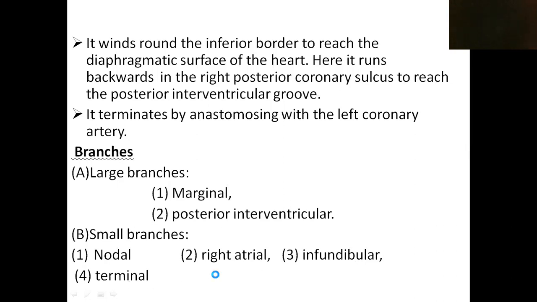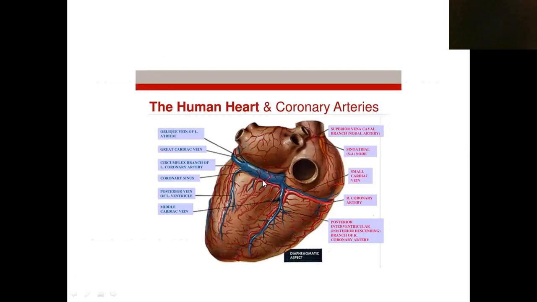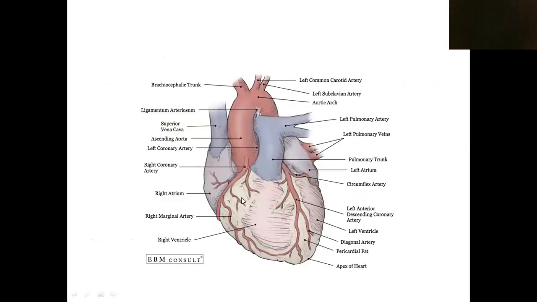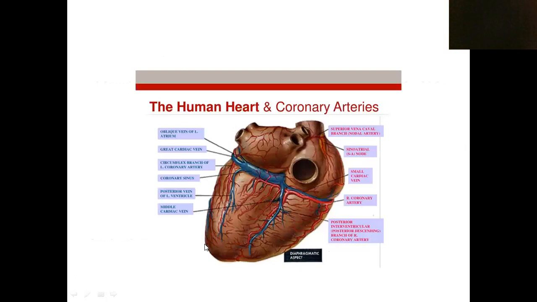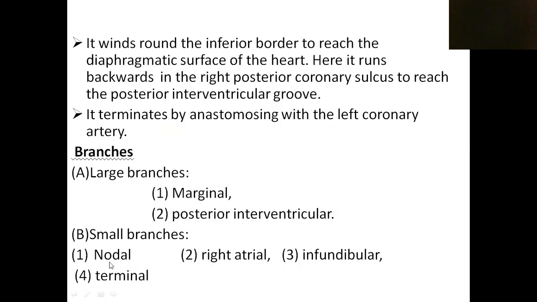And terminal branches join with the opposite side artery. So terminal branches, infundibular branches, right atrial branch. In addition to that, as it passes through here it gives some nodal branches to the conducting system. Okay, so these are the branches.